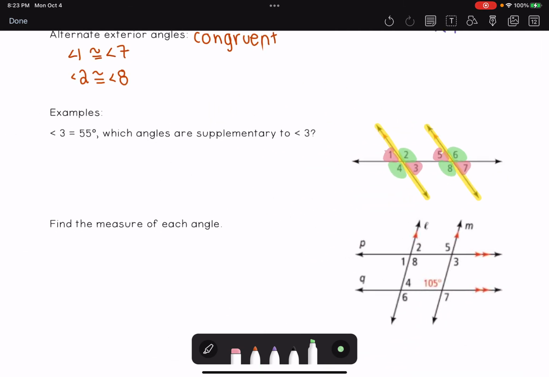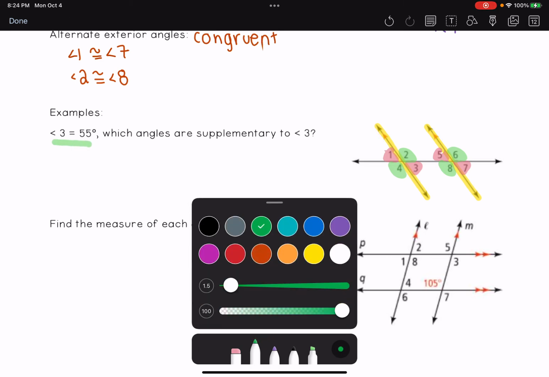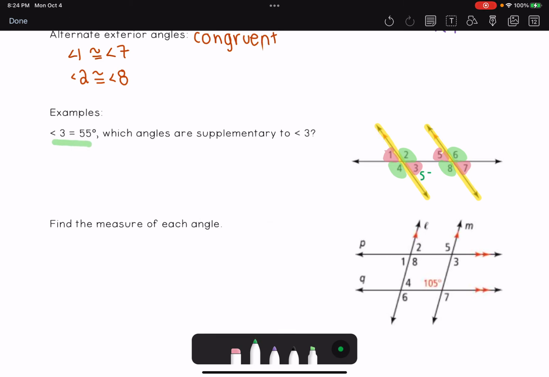And if it says angle 3 is equal to 55, the first thing I'm going to do is label angle 3 as 55. And it wants to know which angles are supplementary to angle 3. Well, the angles that are supplementary to angle 3 are all of our green angles.